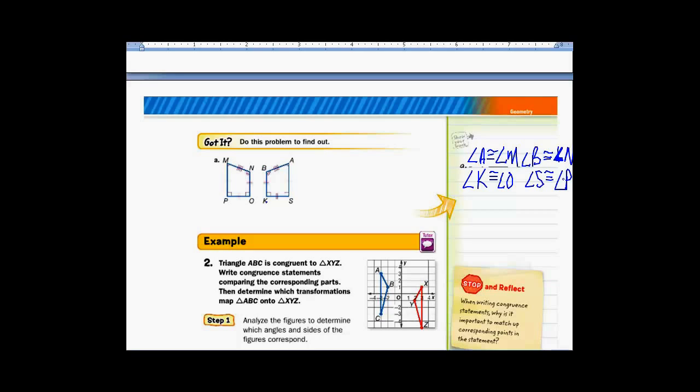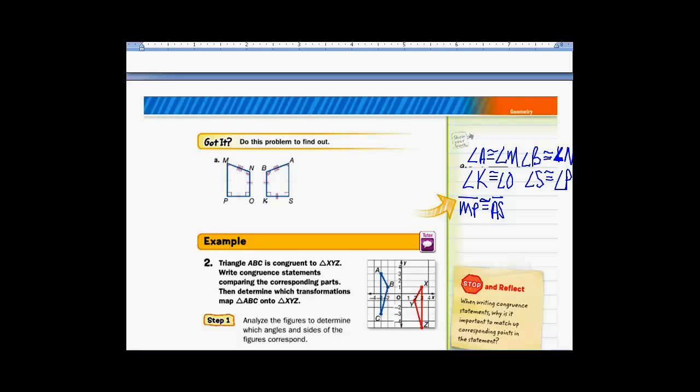And they made it easy for you because they put the tick marks in here. So really you just have to look at which ones have one tick mark. So I could say that MP, going top to bottom on this one, I need to do top to bottom on this one, congruent to AS. Make sure you're putting the segment symbols above it.